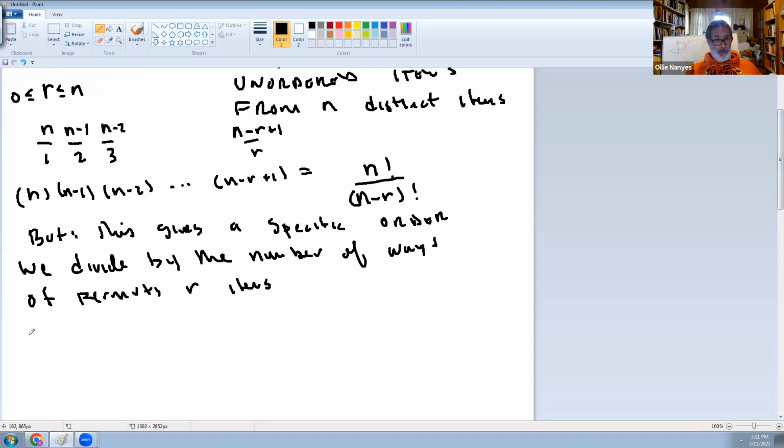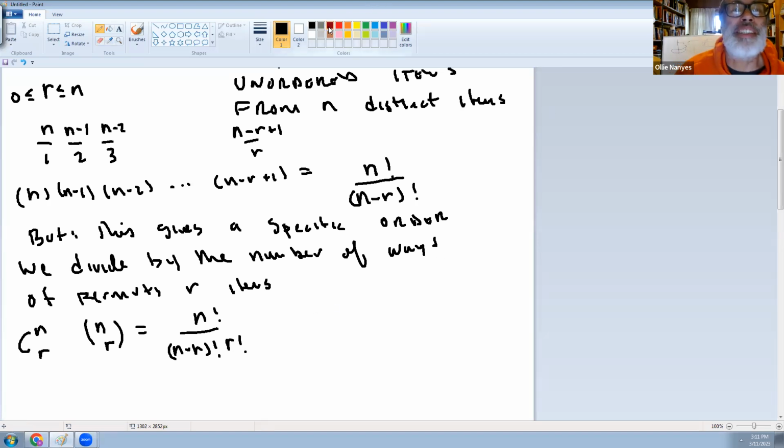So we end up with our formula: combinations of r from n, or n choose r, equals n factorial divided by n minus r factorial times r factorial.